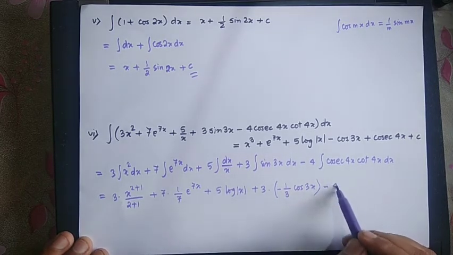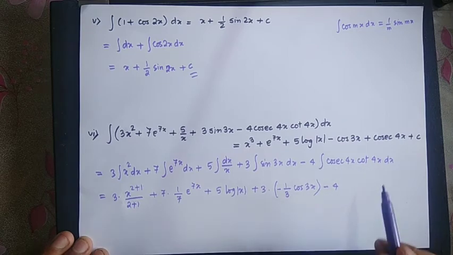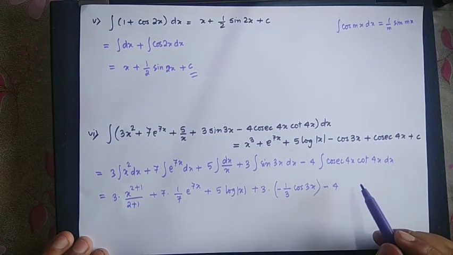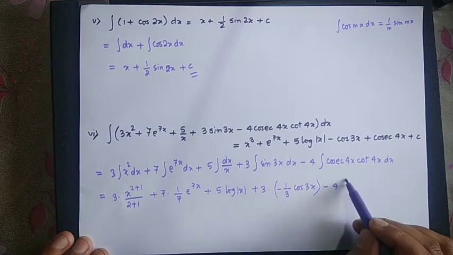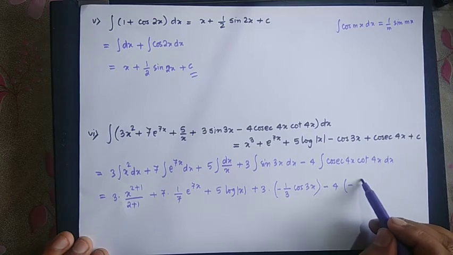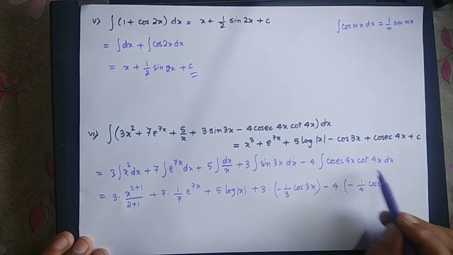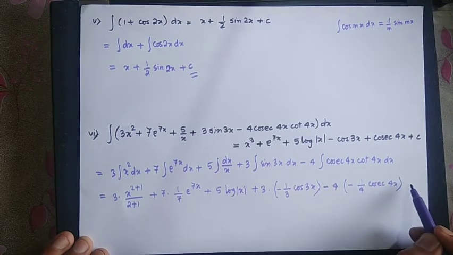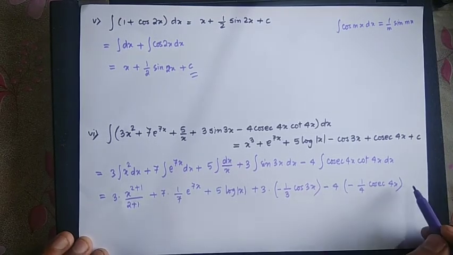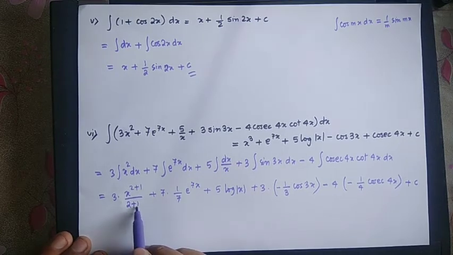Minus 4. Now the integral of cosec x cot x is equal to how much? It is minus 1 by m cosec mx. M is 4, cosec mx, that is 4x. Since we have finished all the integration, I'm putting a constant of integration. So 2 plus 1 is 3, so this 3 and 3 get cancelled. So what is left here?